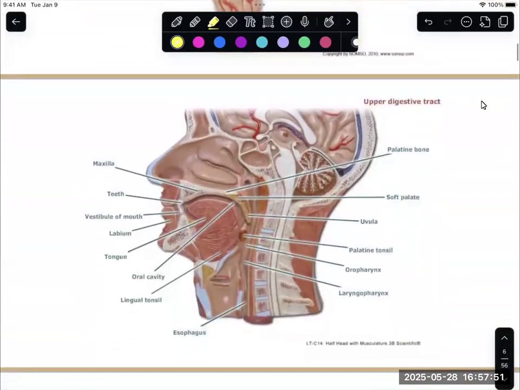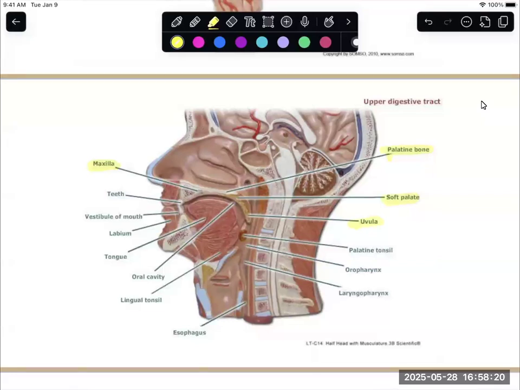Now let's look at the upper digestive tract. Again, we've got some things that are going to remain the same, including the hard palate that's made up of the maxilla and the palatine bone, the soft palate, the uvula. Again, those are all staying the same.